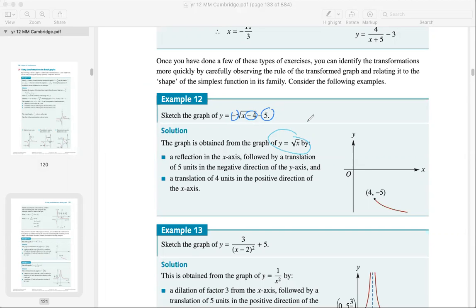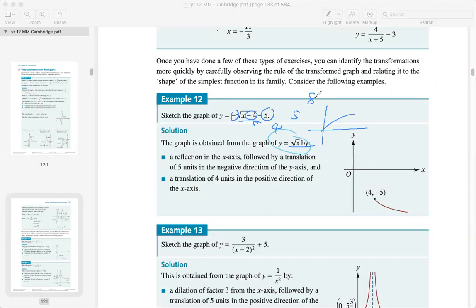I will teach you another method: just plug in some numbers. Then you can get an idea about this graph, because you know the general shape of the square root graph. If I plug in numbers like 4, 5, or an easy one like 8, it gives us an idea of how the graph looks, and then we just connect them.